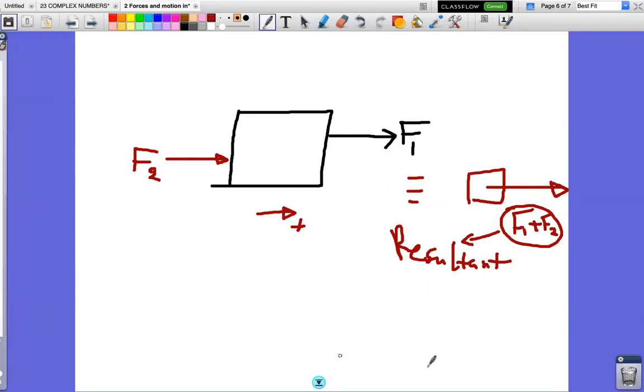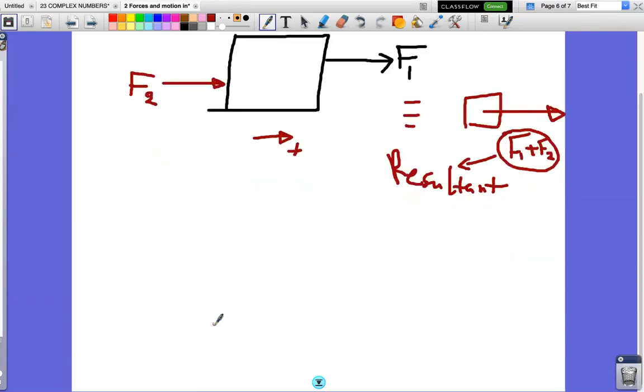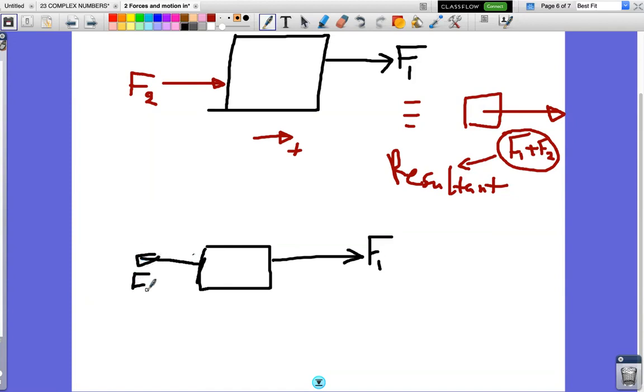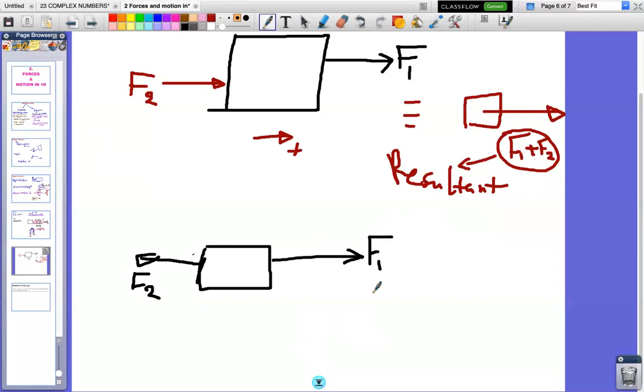Now, if, let's say, you now have the object like that, and you apply F1 this way, and another person is pulling back F2 in that direction. Remember, force is a vector.